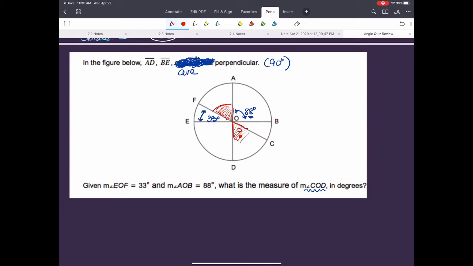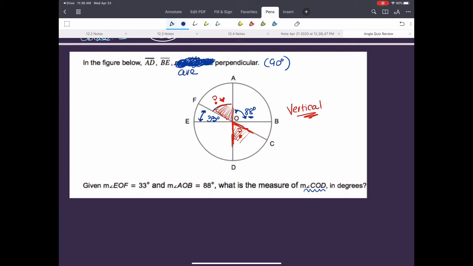What kind of angles are those? Those are vertical, and vertical angles are equal to one another. If you can figure out what this angle is, that's going to be vertical from angle COD, so that will tell you indirectly what angle COD is equal to.